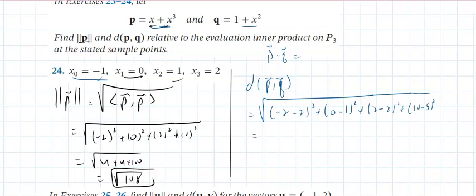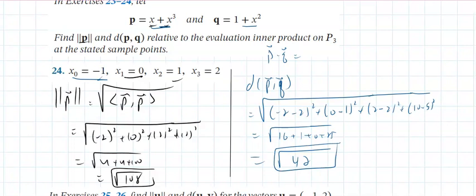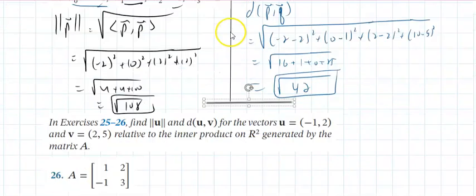So I'm looking at the square root of 16 plus 1 plus 0 plus 25, square root of 42. All right, just one more to go.